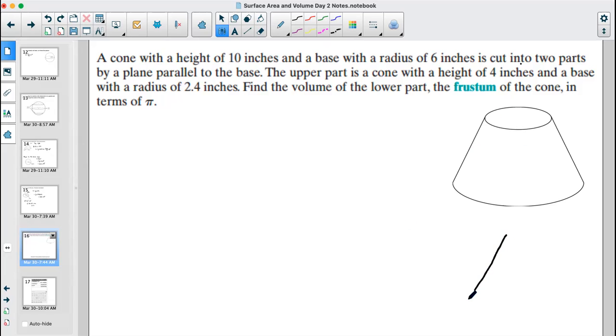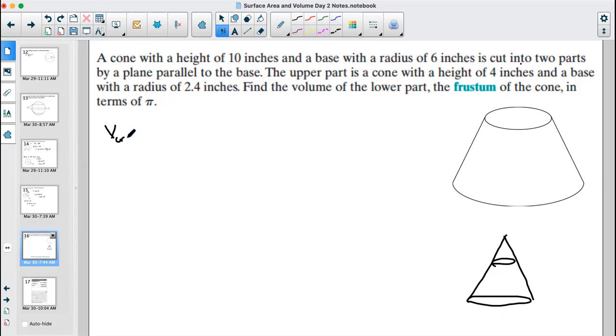So the original cone had a height of 10 and a base with radius 6.